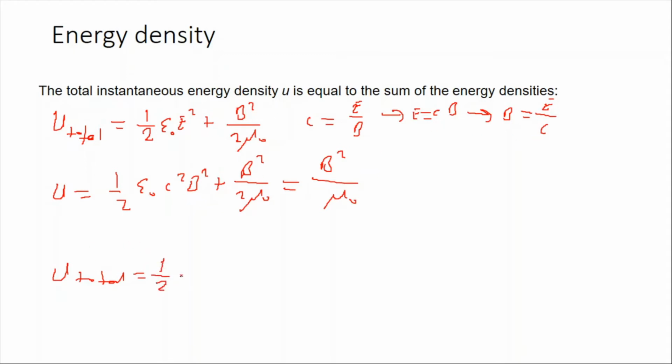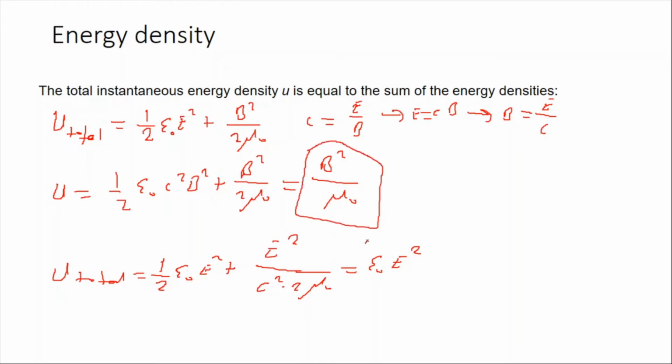It will be 1 over 2 epsilon 0 E squared plus, instead of B squared, I'm going to write E squared divided by C squared times 2 times mu 0. Then, simplifying this equation will give us epsilon 0 times E squared. So as you see, the total instantaneous energy density is either equal to this one or it is equal to that one.